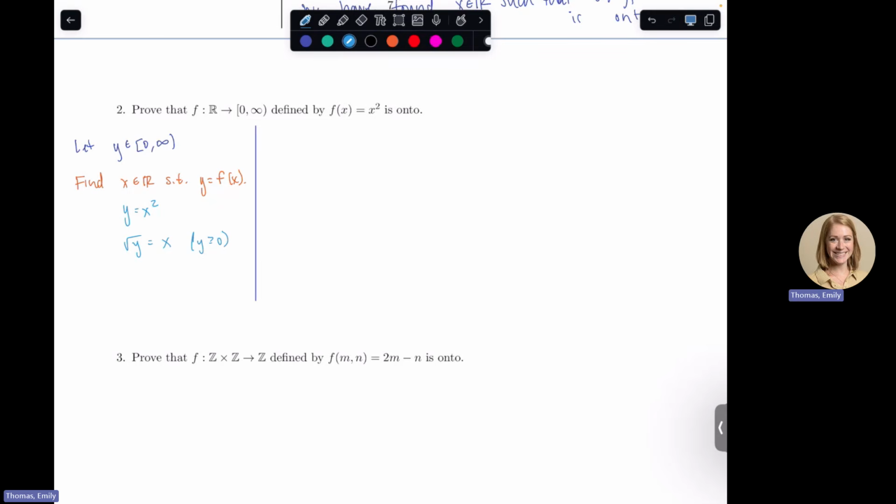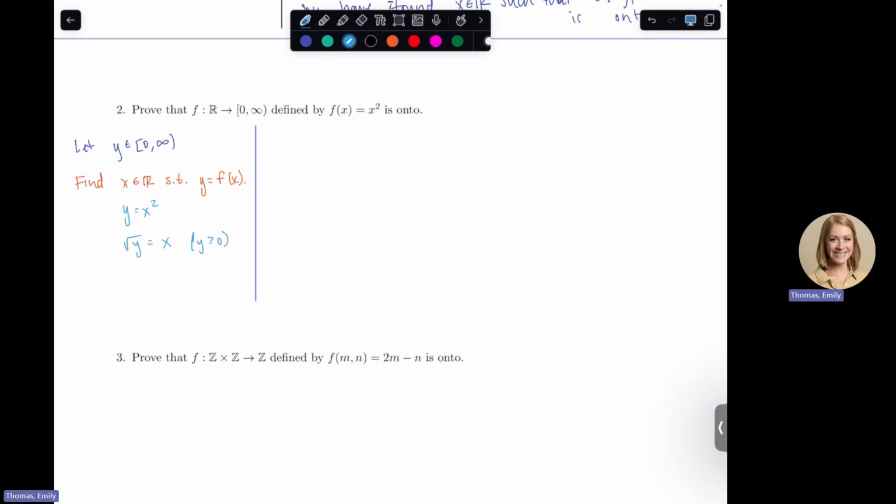Once we plug that in, if we did f of x, we would do f of the square root of y, which would be the square root of y squared, so you get y back. Is that okay?